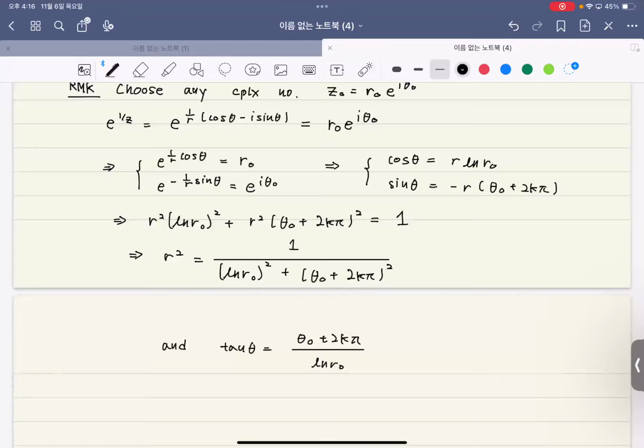In other words, just choose any random complex number you like. No matter how small your deleted neighborhood around the essential singularity is, you must be able to find that random complex number as a function value in the small deleted neighborhood of the essential singularity.